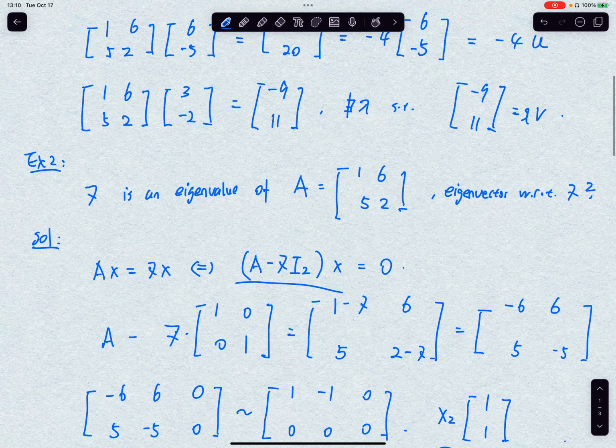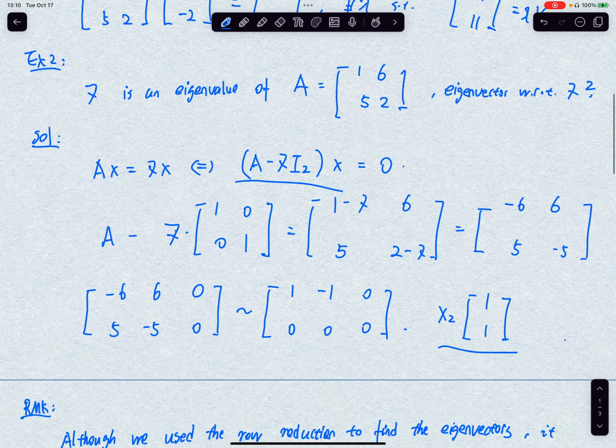And note that in solving this equation, we have an equivalence statement. That is, Ax equals 7x if and only if A minus 7 times the 2 by 2 identity matrix, times x, vanishes. This equivalence relation holds for any lambda, not only when lambda is an eigenvalue.